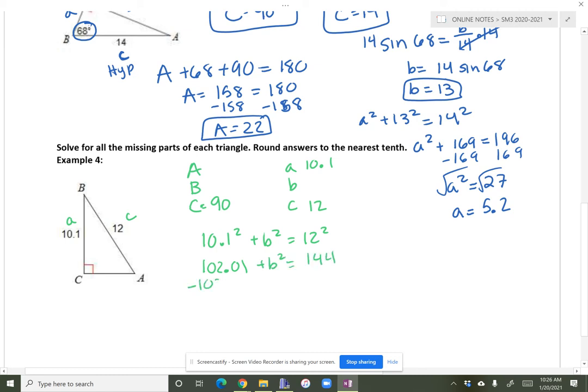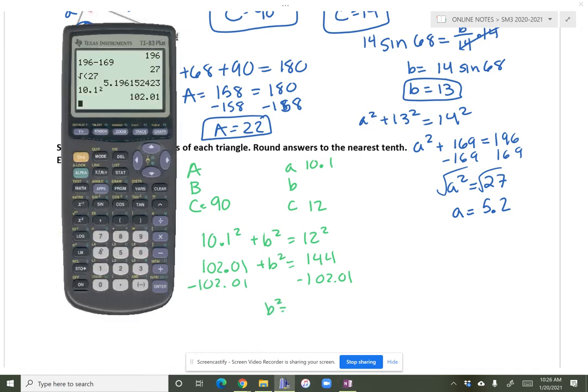I'm going to minus the 102.01, and I get b squared equals, let's do this, 144 minus 102.01, 41.99.